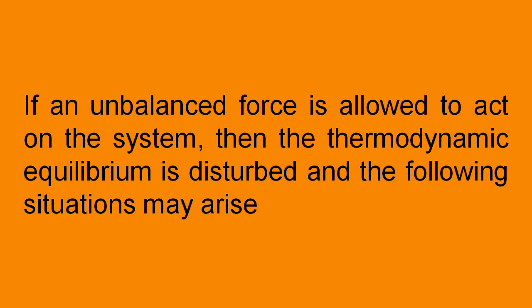And now what happens if an unbalanced force is allowed to act on the system? That we can look. If an unbalanced force is allowed to act on the system, then the thermodynamic equilibrium is disturbed and the following situations may arise. You can just think of a pond which is calm, and when you put a stone on the surface of that pond, what happens?